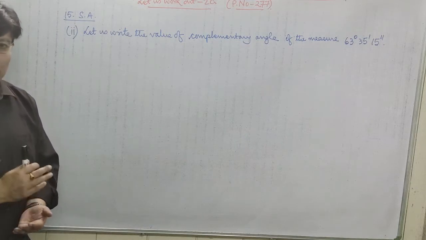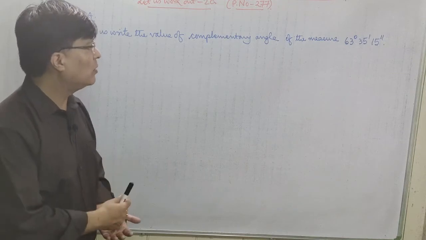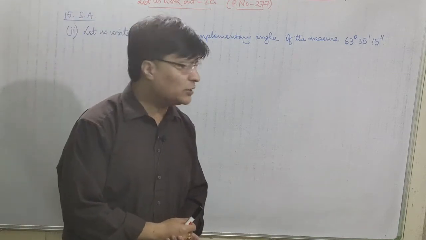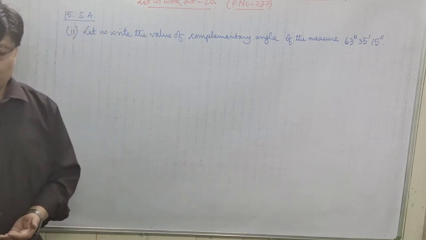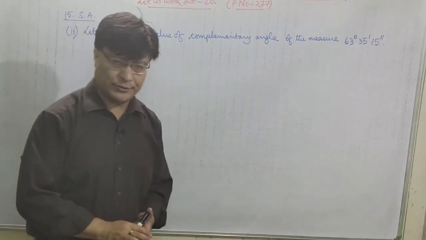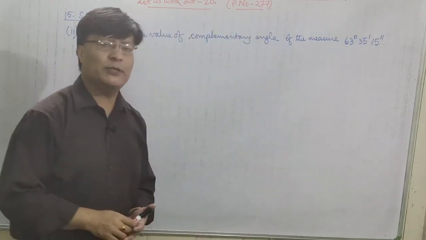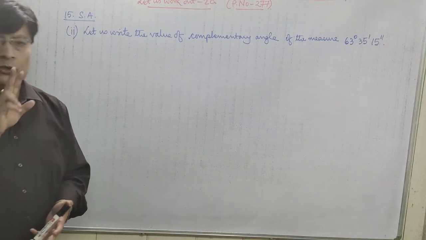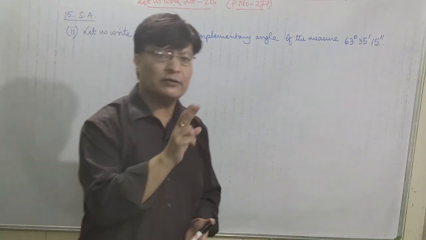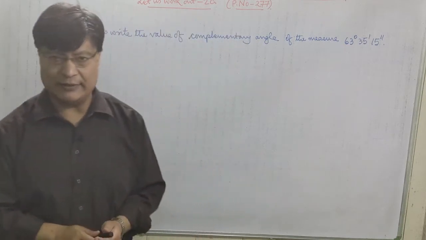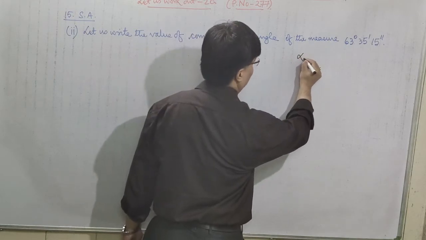In this case you have to find out the value of the complementary angle of the measure 63 degree 35 minutes 15 seconds. So what do you mean by complementary angles? What is the definition of complementary angles? You should know it. Two angles are said to be complementary angles if their sum is 90 degree. Suppose there are two angles alpha and beta.